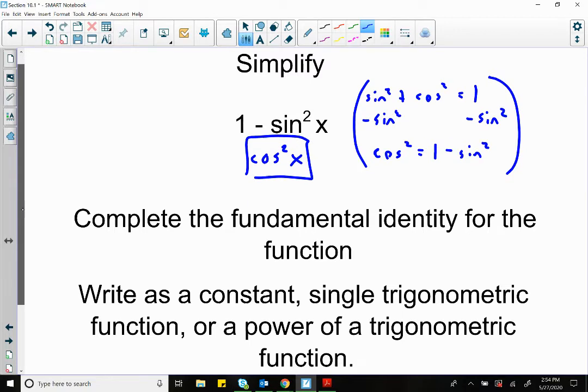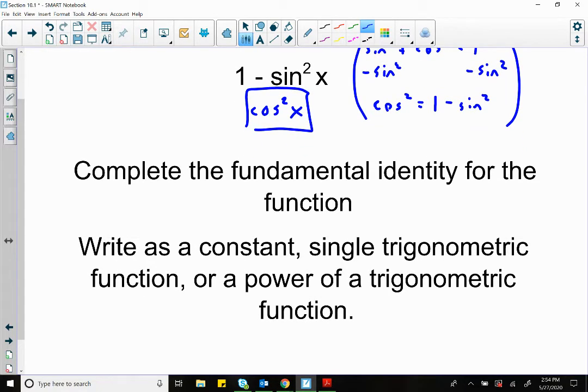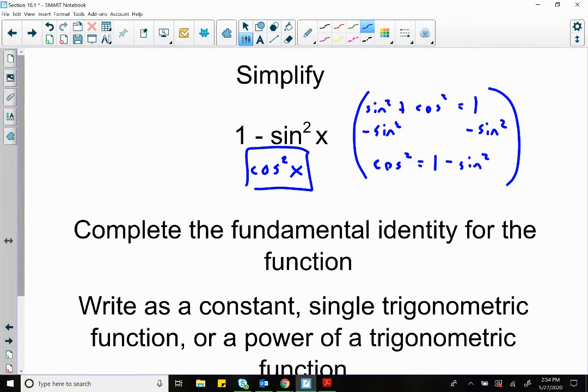So sometimes when you're looking at these, they might change the directions so it says complete the fundamental identity for the function. These directions could easily have said that because this was a fundamental identity. They don't always just say simplify.